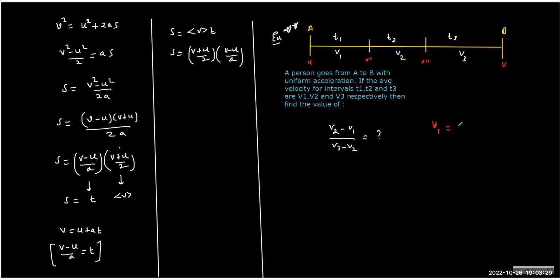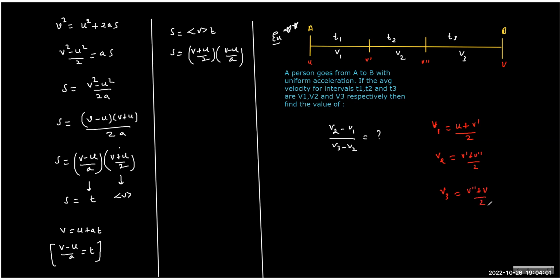V1 is U plus V dash by 2. Very good. So similarly, can you write V2 and V3? So what is V2? V dash plus V double dash by 2. So what is V3? V double dash plus V by 2.